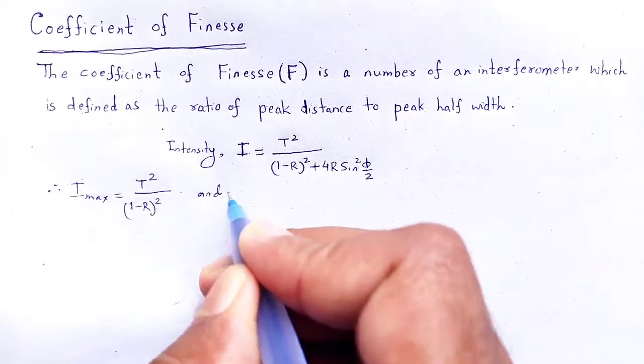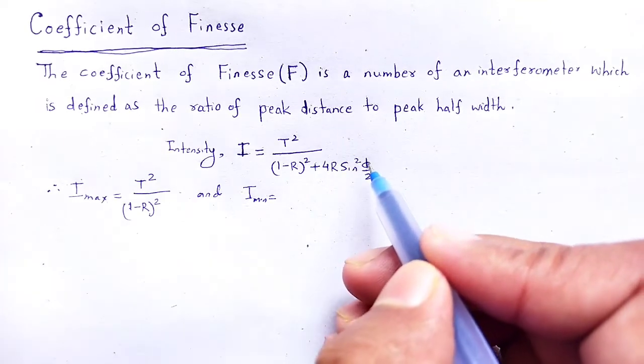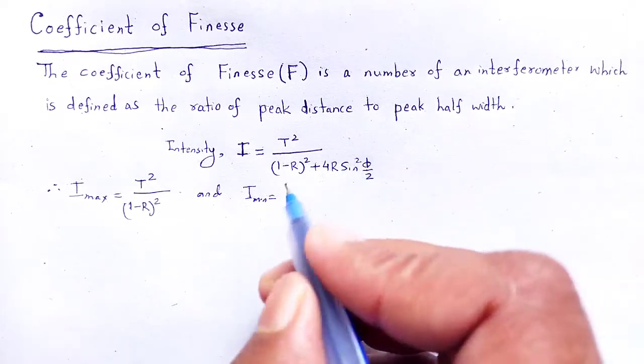Similarly, for I minimum, the value of sin must be maximum, that is 1.